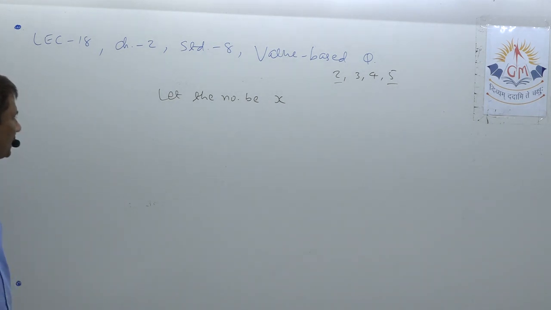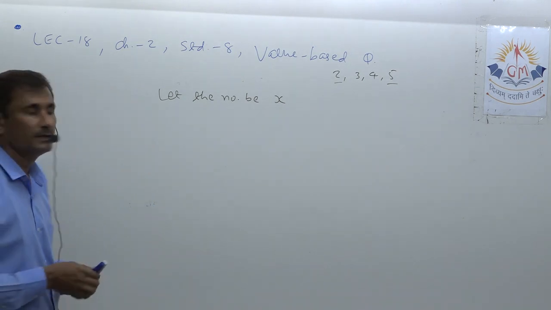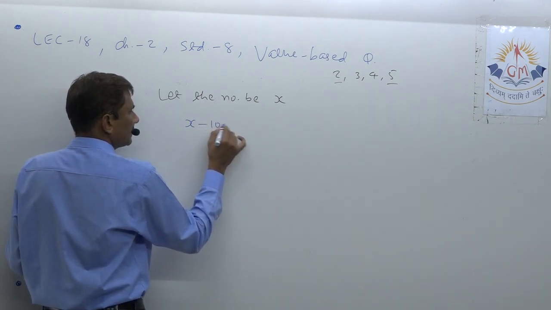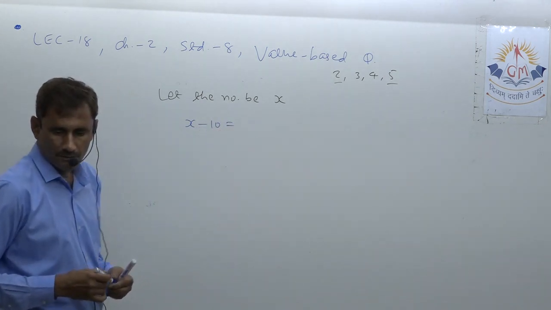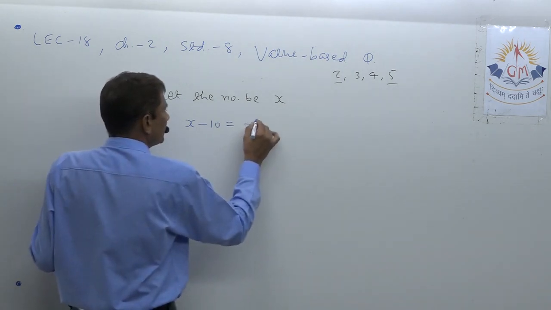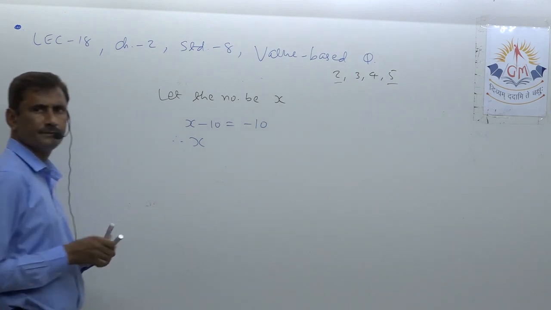Now what they are telling: 10 less than the number x is minus 10. Then what will the number be? So just shift it and find x.